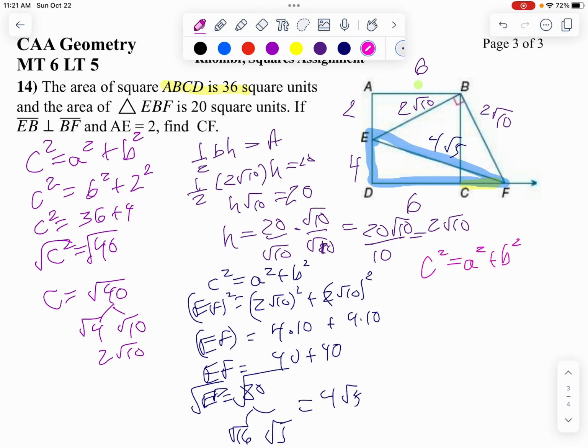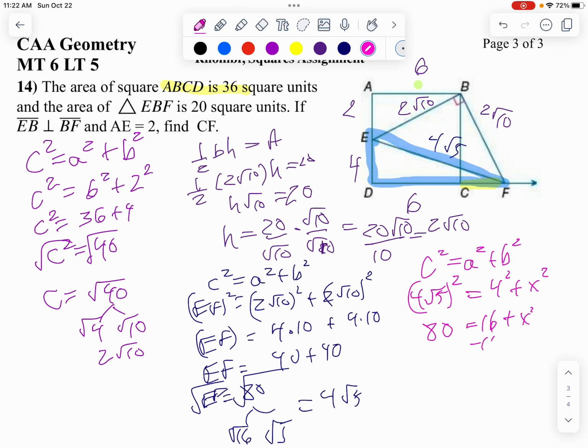My hypotenuse this time is 4 square roots of 5 squared. Probably didn't need to simplify that because that's going to be 80, isn't it? Equals 4 squared plus x squared. X is going to be my whole length here. So 80 equals 16 plus x squared.